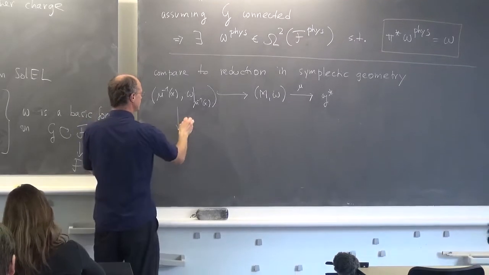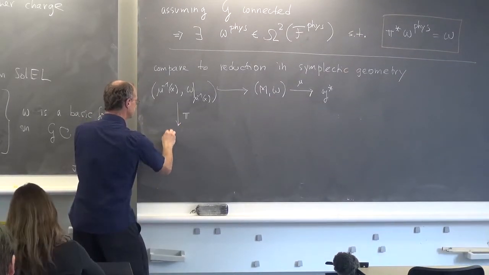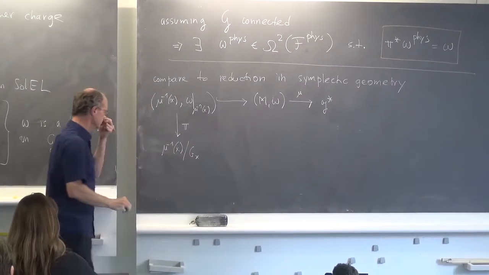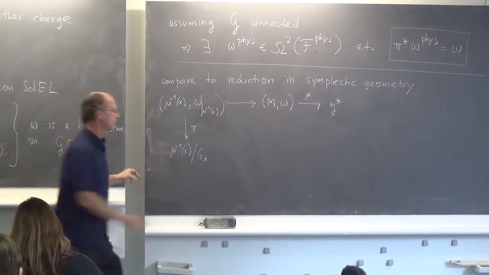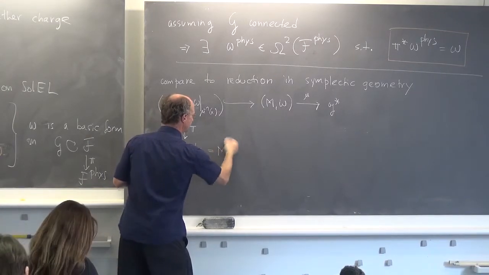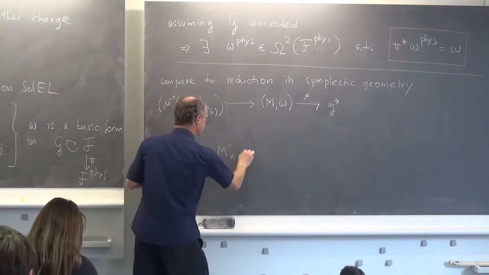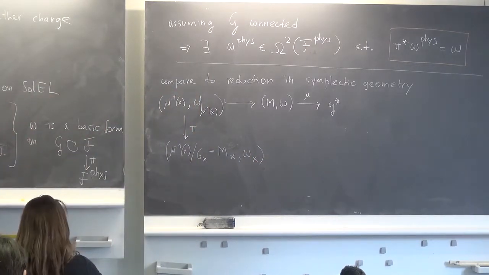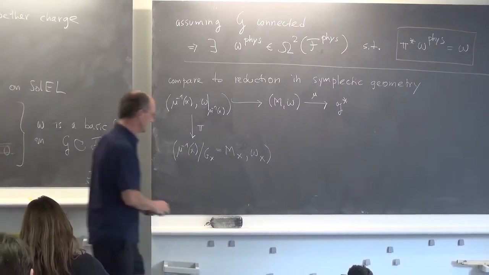And from there was a projection to the fiber divided by the stabilizer, which was the reduced space at x with the symplectic form omega x. Right? So that was the situation.